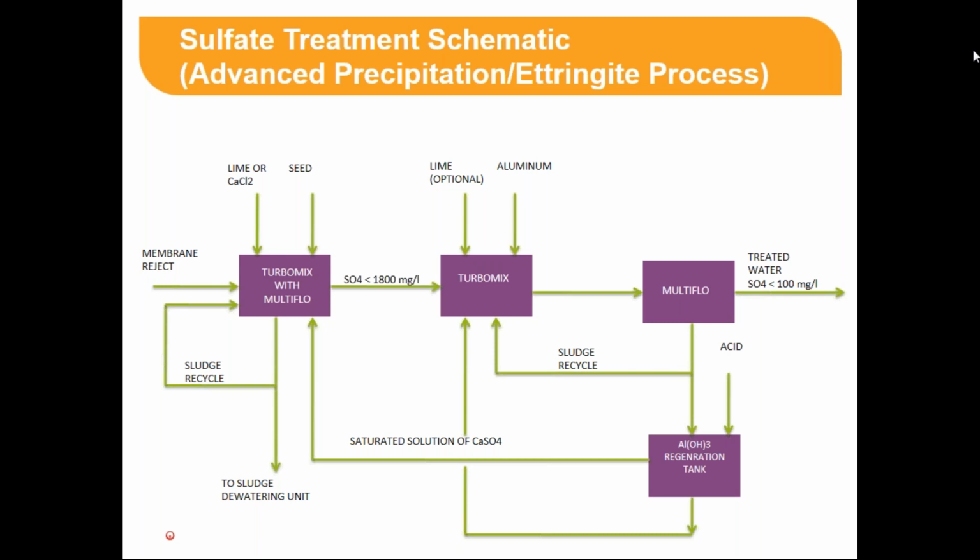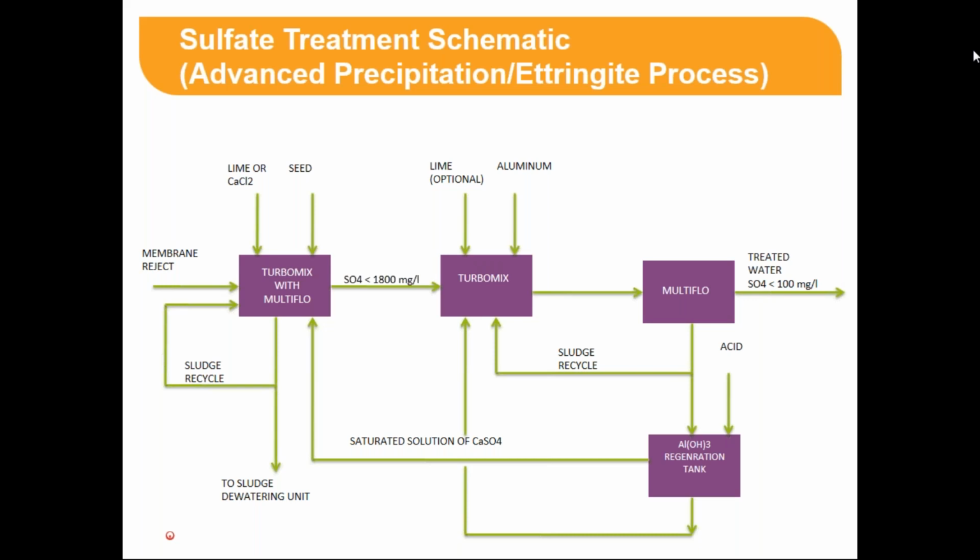That's also a turbomix reactor, where you add a source of calcium, typically lime or calcium chloride, whichever is available, and then a source of aluminum. Typically we add aluminum trichloride hexahydrate, and we had good results with it.